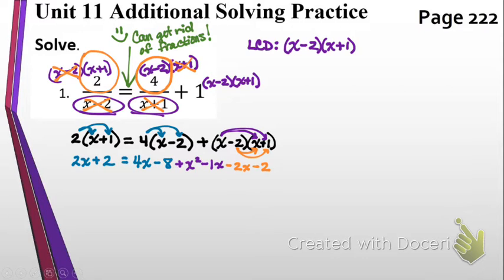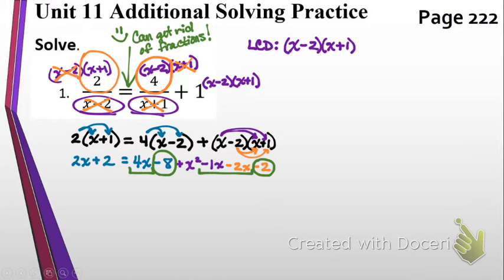Combine like terms, so what are the like terms that I need to be combining? All right, so I heard 4x, and then negative 1x and negative 2x, right? Negative 8 and negative 2.